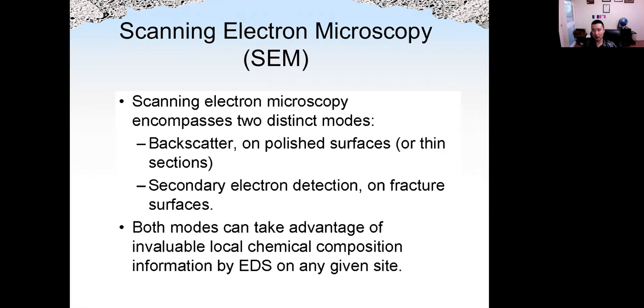No need to polish the surface. Okay. And for both modes, we can get information about chemical composition based on the so-called EDS. Okay. Basically, we can use EDS to see what types of atoms are at a certain location inside a sample. So we're going to talk about EDS in a moment.